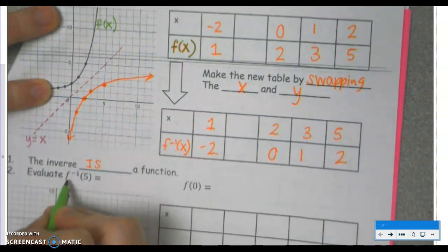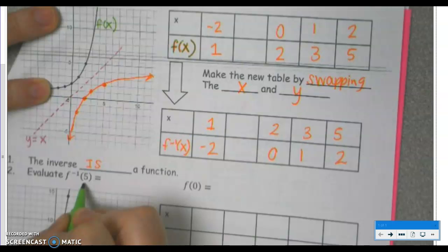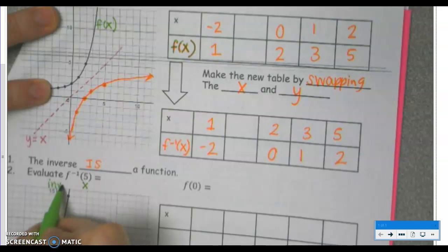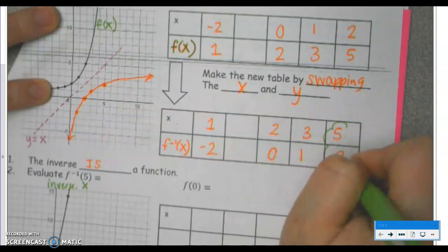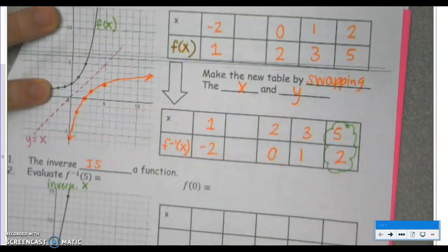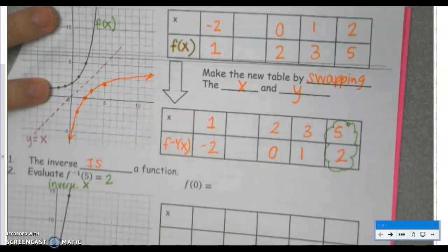So this is asking me to evaluate when x is 5, but using the inverse function. So remember, the number in the parentheses is the x, but this wants me to use the inverse. So if I look on my inverse table where the x is 5, my answer is 2.